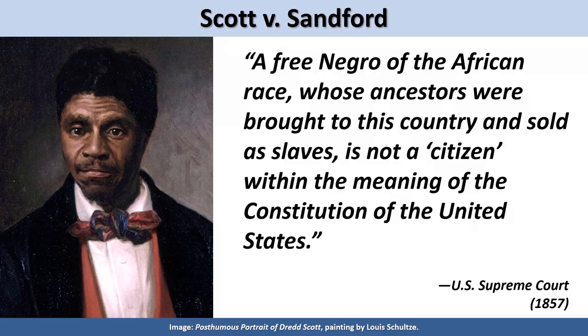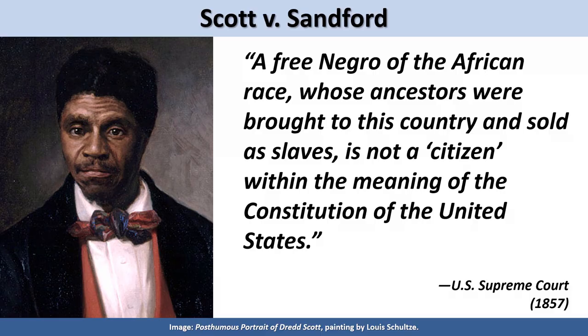Scott had been born into slavery, but he argued that after being a resident of territories where slavery was illegal, his enslaver, Sandford, should not be allowed to force him to work as a slave again, even if Scott moved back to a state where slavery was permitted by law.